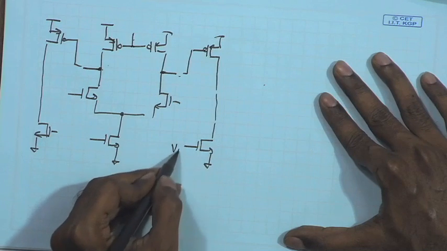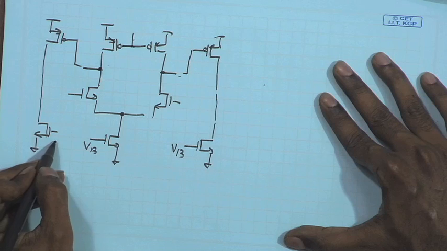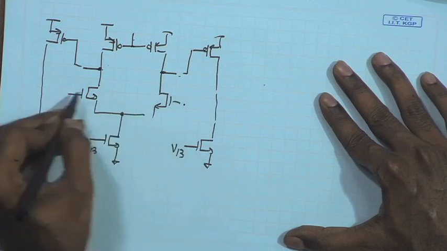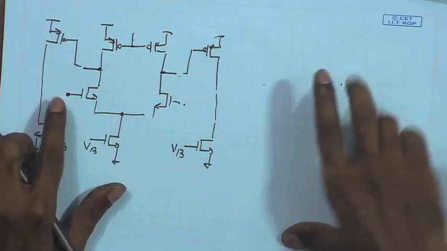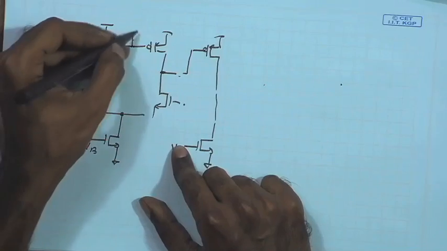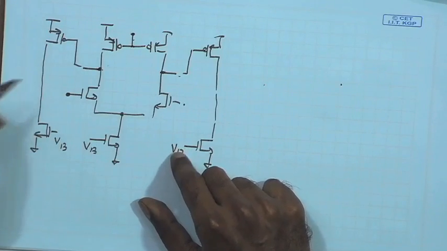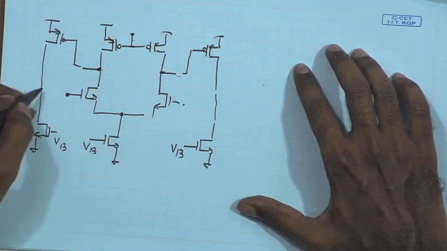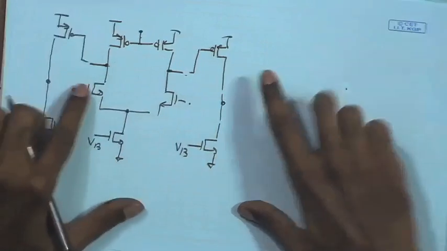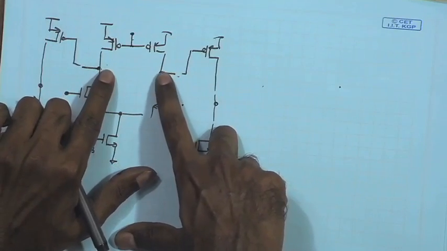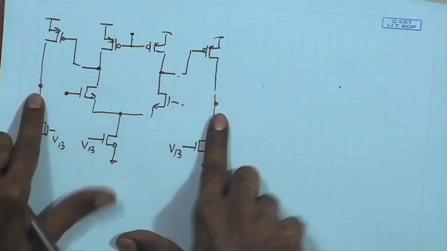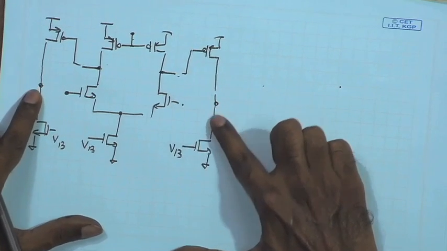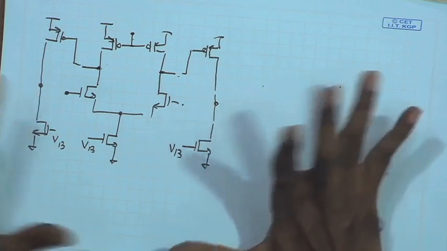This is VB, which is a fixed bias point, and your inputs are over here. I am not showing the input bias point for the main amplifier. Here in this case we have the first output, which is active load, which does not have a well defined DC point, and the second output is also an active load, which also does not have a well defined DC point. What is the overall gain of this circuit?